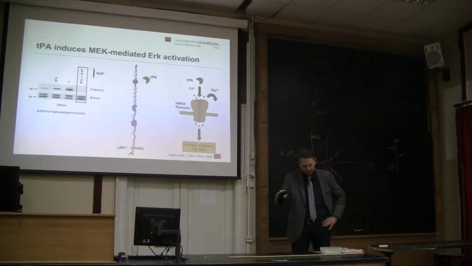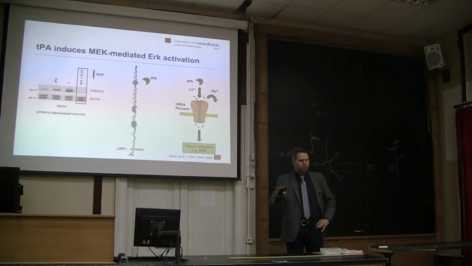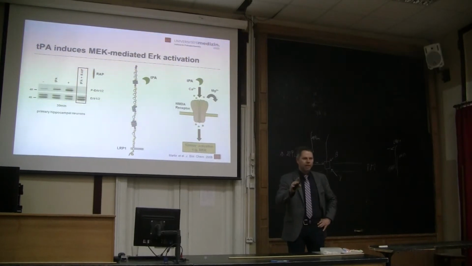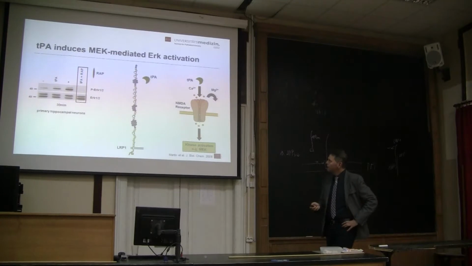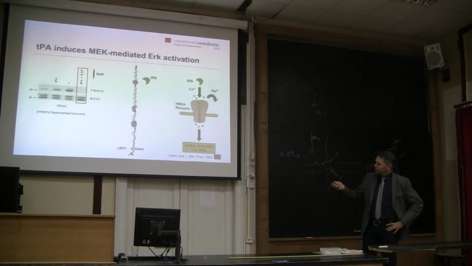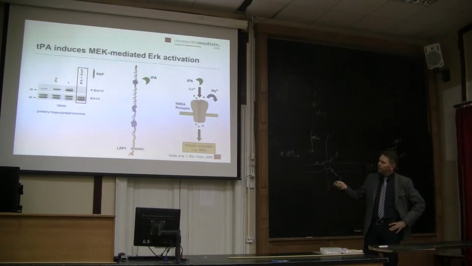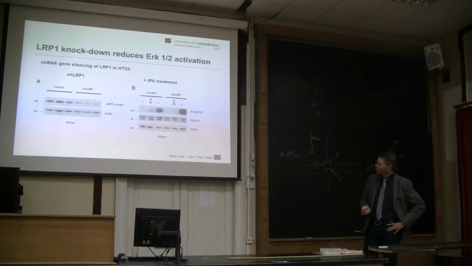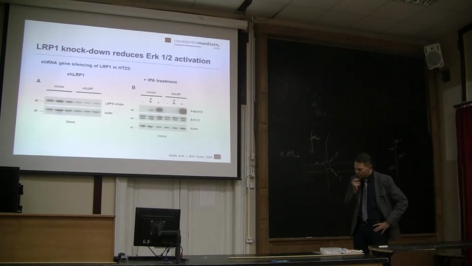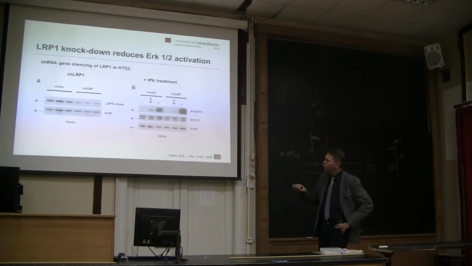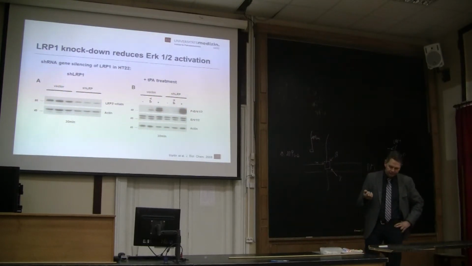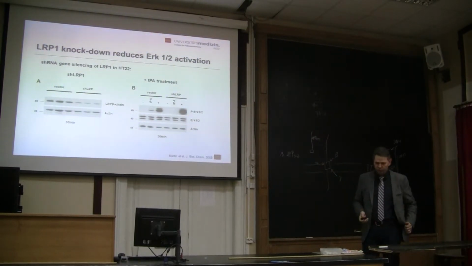Okay, LRP clearly has a role in it. Unfortunately, the NMDA receptor as well. So both of them have to be there to see an NMDA receptor mediated activation of downstream signaling. Okay, then to further prove that LRP plays a role in the NMDA receptor downstream signaling, we decided to knock down LRP. And that's a hard thing to do.